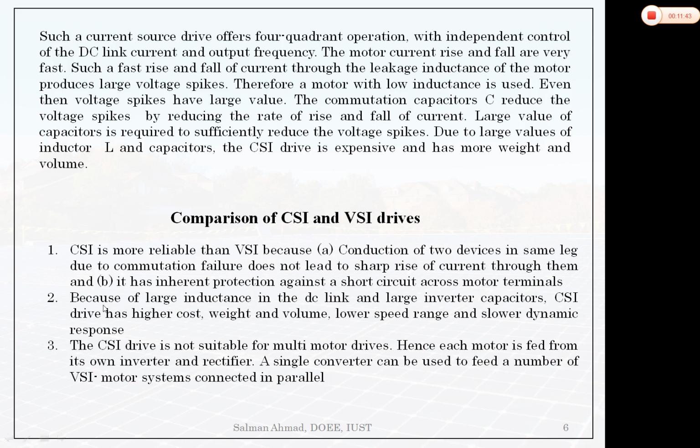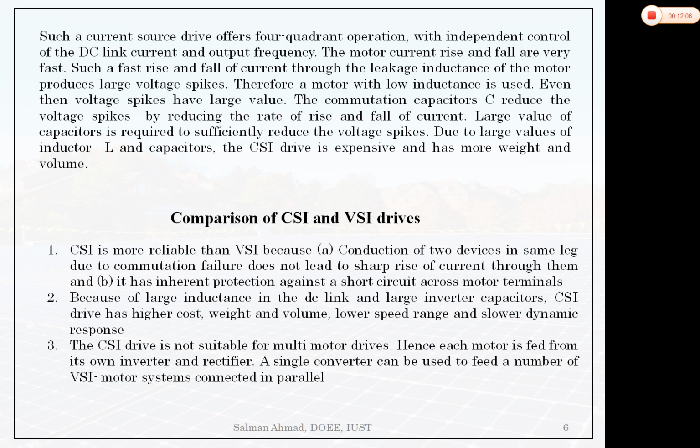Because of large inductance in the DC link and large inverter capacitor, the CSI drive has high cost, weight and volume, lower speed range and lower dynamic response. Whenever you have inductances and capacitances in the circuit, the dynamic response will become slow.